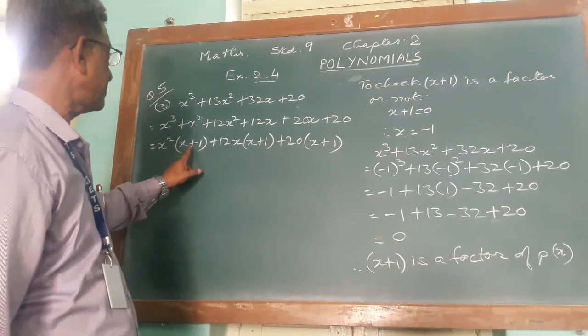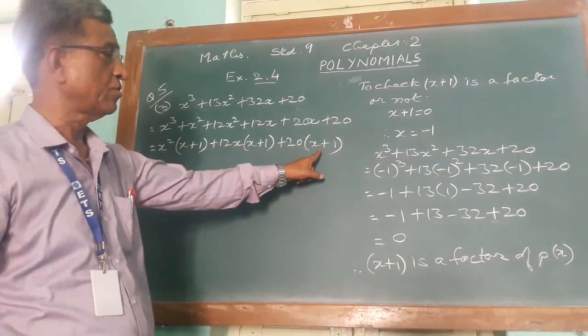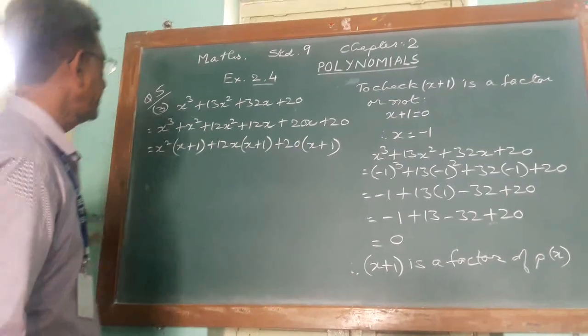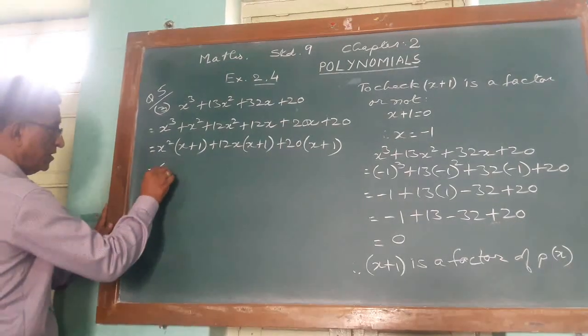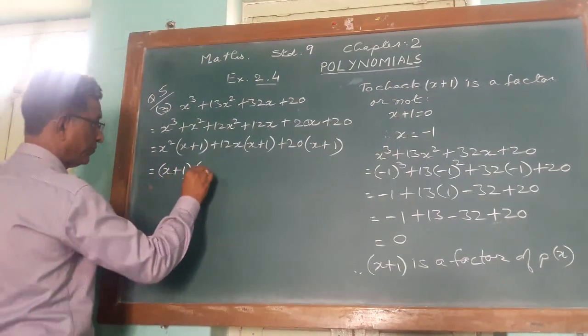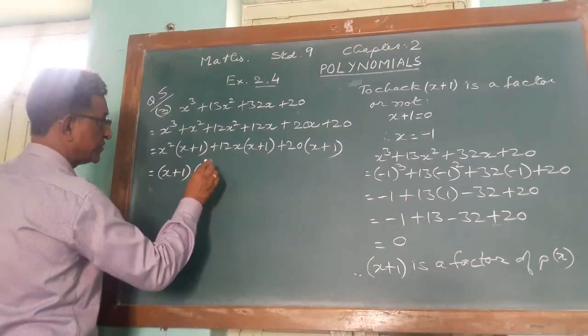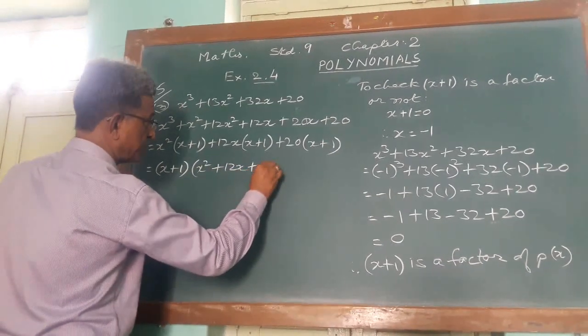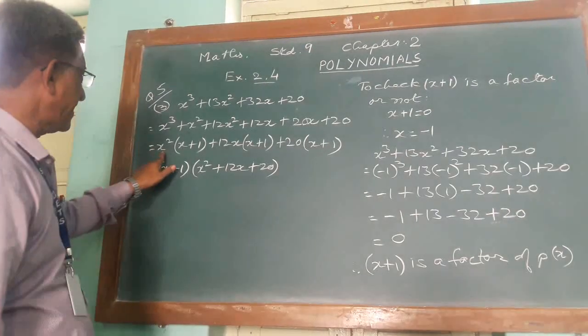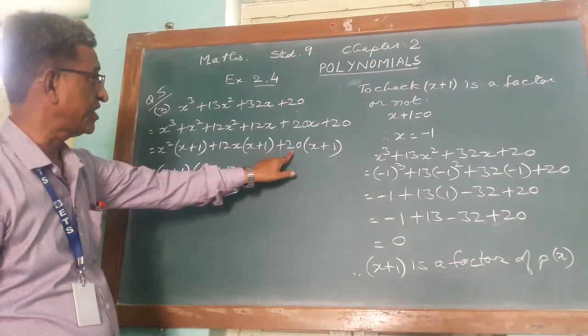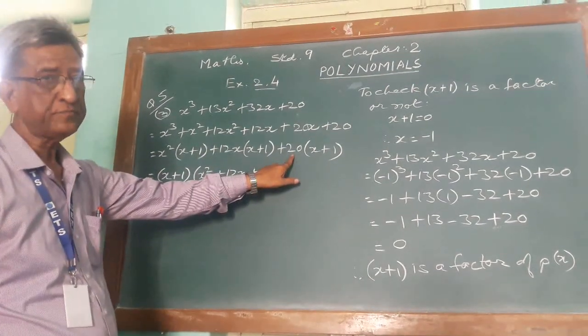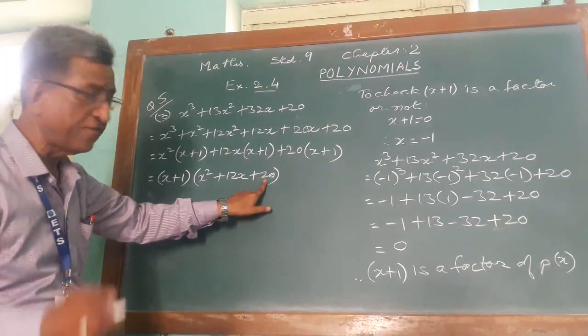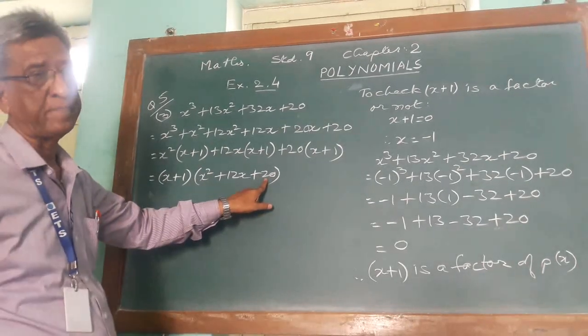So you can see that you got x plus 1 in all the three brackets. Take out common x plus 1, leaving x square plus 12x plus 20.